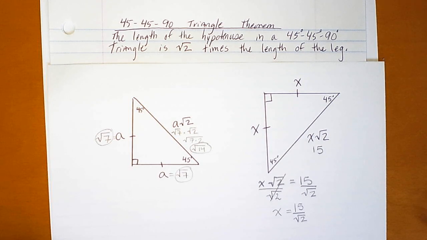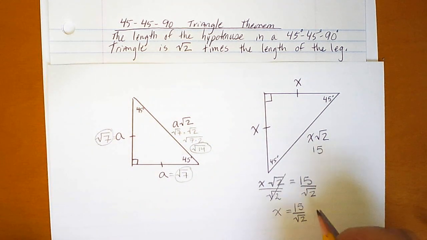So root 2 is like a decimal that keeps going forever with no kind of pattern. We need to get rid of that. We're going to multiply by root 2 in the denominator, because if we multiply the denominator by root 2, it will give us 2. Square root of 2 times itself just gives us a regular 2.